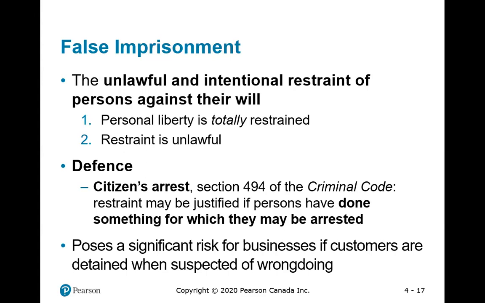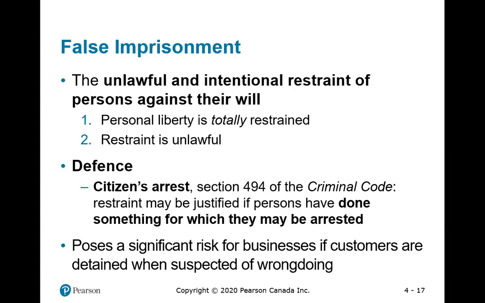Department stores, grocery stores, shoplifting. Someone is suspected of stealing something in the store. When they are leaving, a security guard stops them and wants to search them.